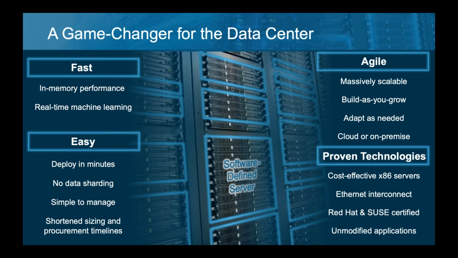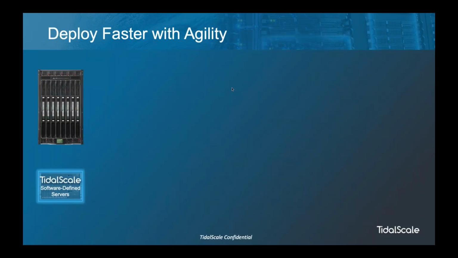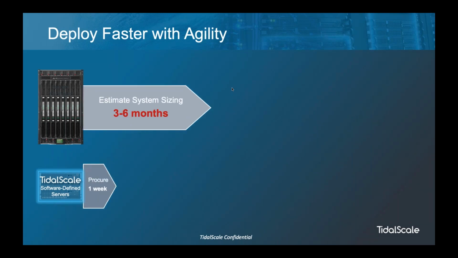So if that's kind of the technical setting, this is kind of the intro to the business setting. What we've seen is if I'm going to purchase a large custom system, a traditional scale-up server versus a software-defined server, what I'll find is that to actually do the sizing is going to take me 3 to 6 months.